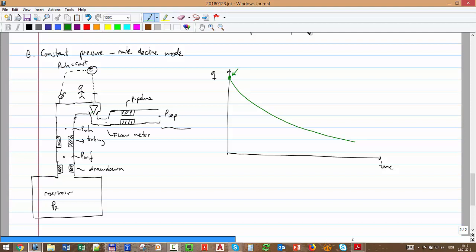If I have a very high rate initially, remember here the rate is a function of, or is proportional to, the difference between PR minus P wellhead, right? Because now it's wellhead the one that is fixed. Okay, and PR is going to go down with time. So in consequence, Q is also going down with time.